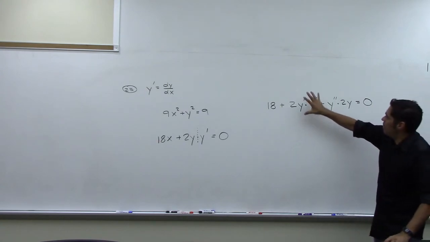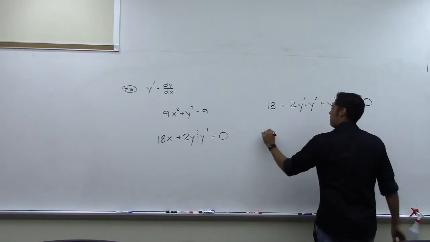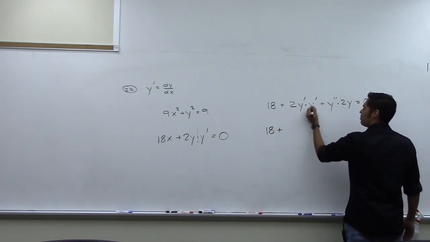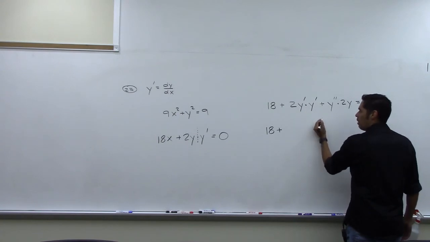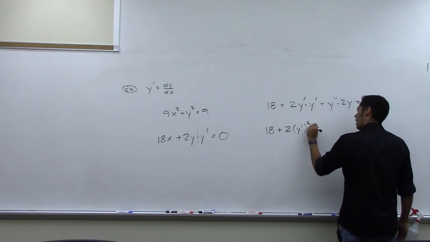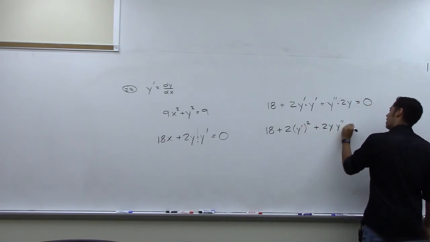So please understand, this right here is the product rule on this. 18 plus, now y prime times y prime is not y double prime, that's y prime squared. So I'm going to write y prime squared, and then plus 2y y double prime equals 0.